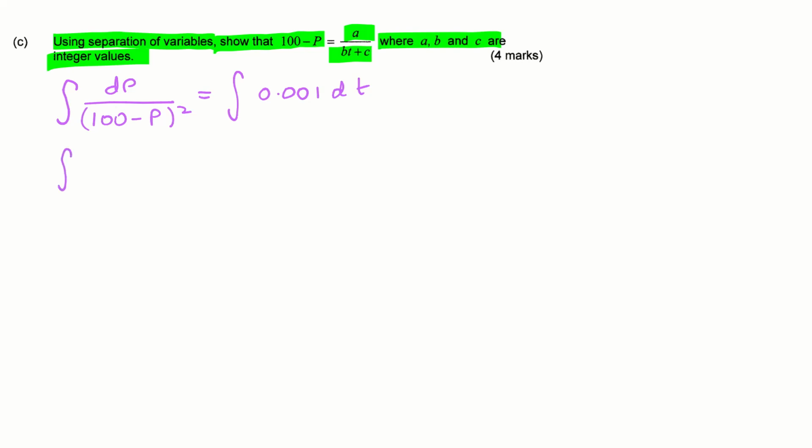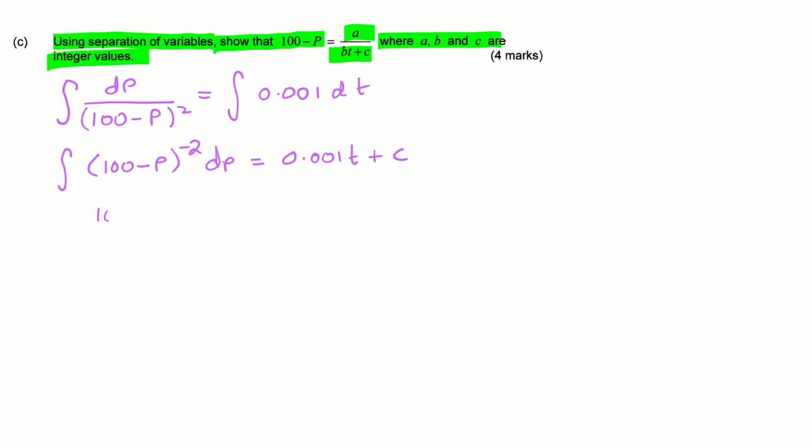So the integral of (100 - p)^-2 dp is equal to 0.001t plus a constant.